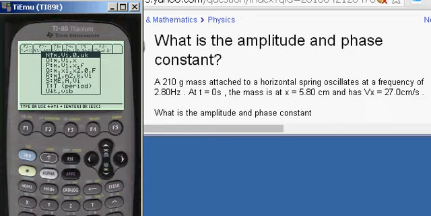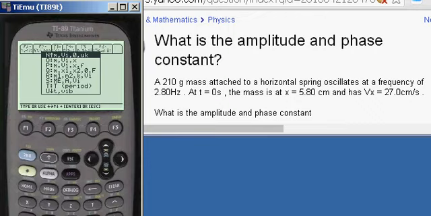I always write them on the side of my paper so it doesn't confuse me. Write 210 grams for mass, 2.8 hertz for frequency, and X is the initial stretch of a spring, and then it has velocity, and it's supposed to go into simple harmonic motion if you try this in the space shuttle or in a vacuum.